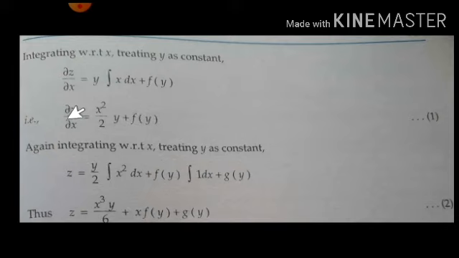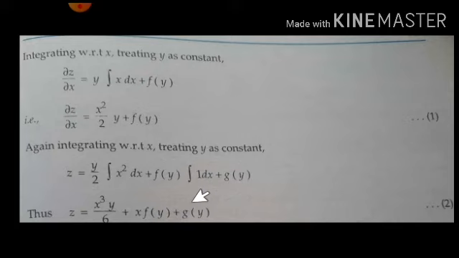The left side integral and derivative cancel and we obtain only z. The integral of x² is x³/3, so 3 times 2 is 6, into y, plus f(y) times x, plus g(y). This first part is the same as in the previous problem.